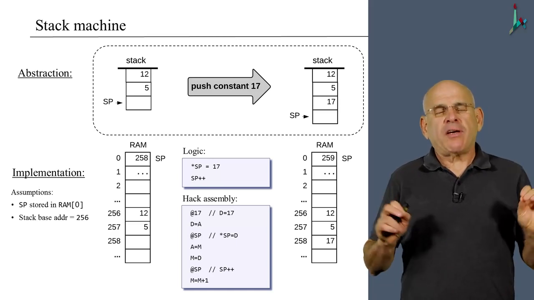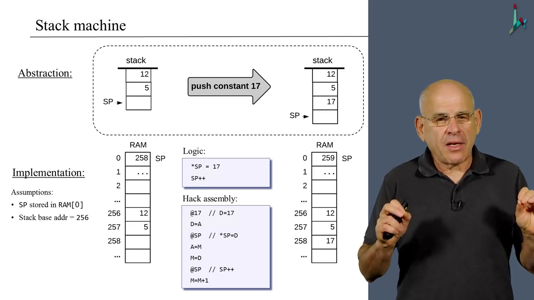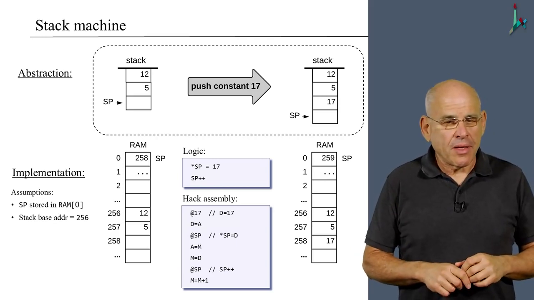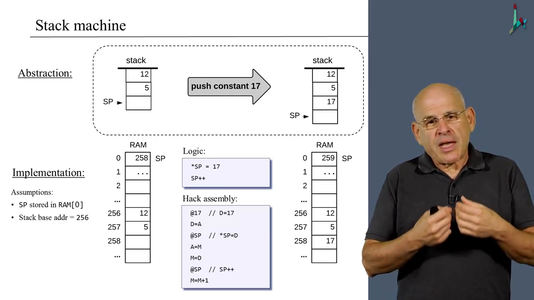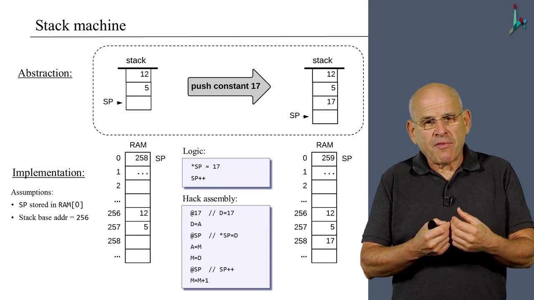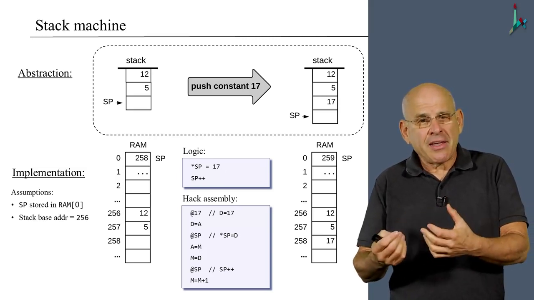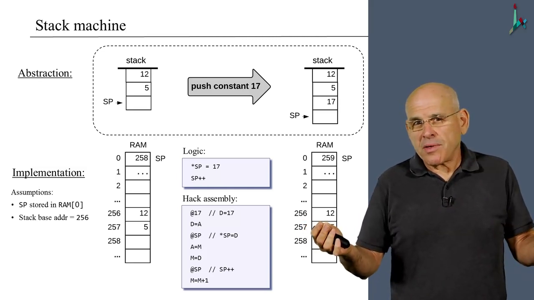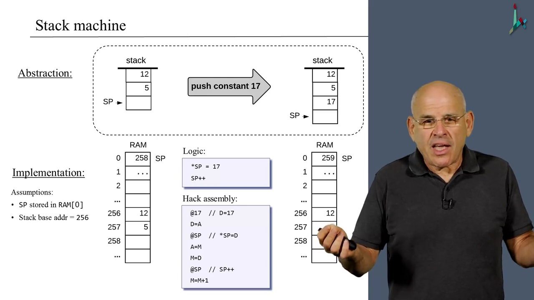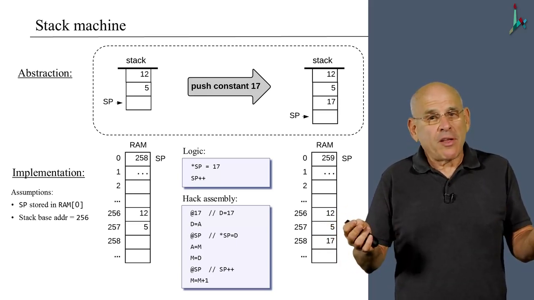Now, I would like to observe that there's nothing special about the number 17 in this particular example. And therefore, what we saw here is a general implementation of the generic command push constant i, where i can be any non-negative integer, right? All you have to do is replace 17 with i, and everything will work perfectly well.